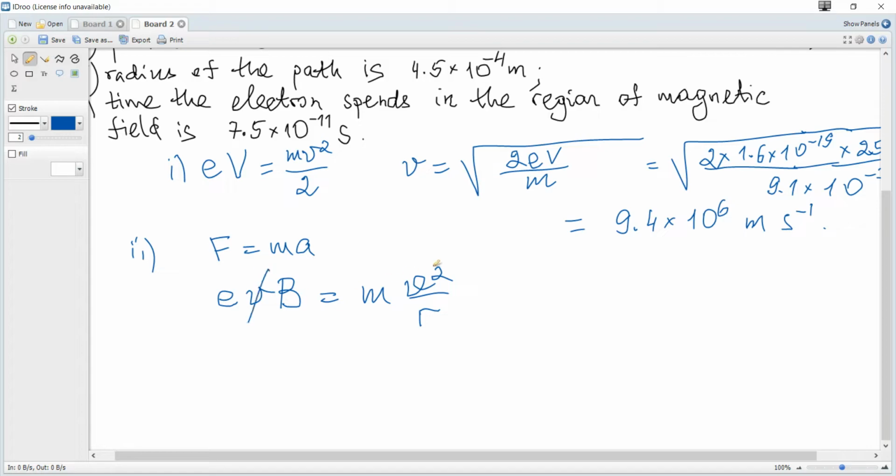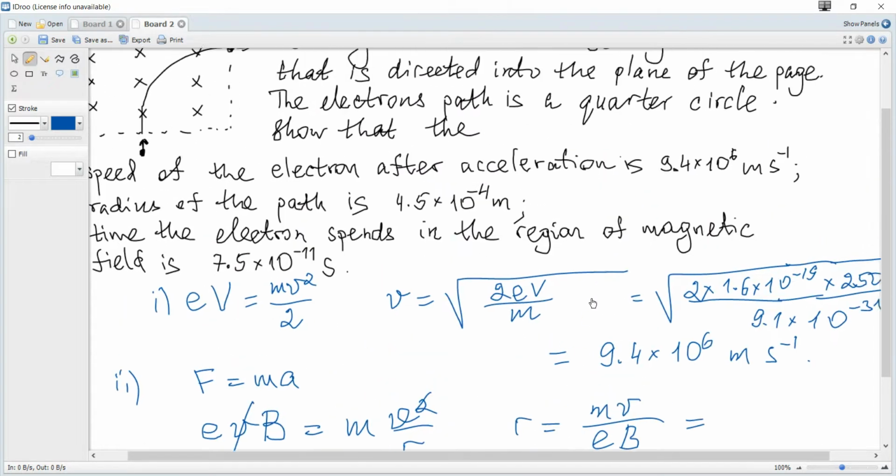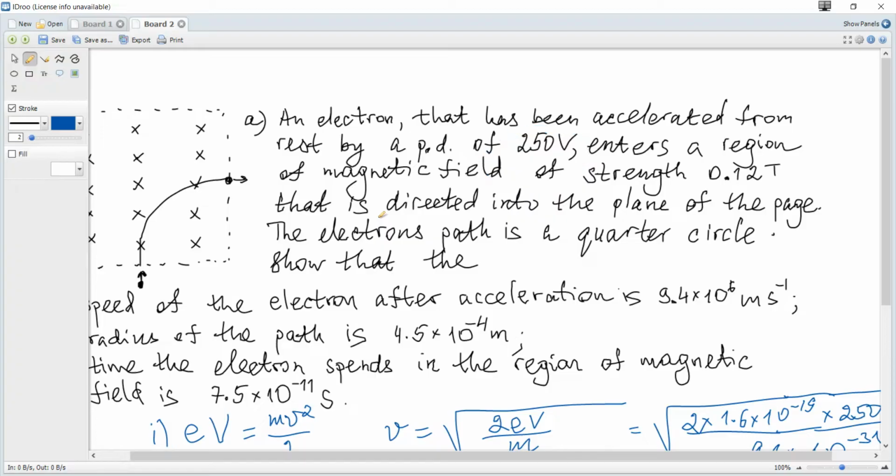We can simplify, and hence the radius is mv over eB, and it is equal to 9.1 times 10 to negative 31 times 9.4 times 10 to the power of 6, over the elementary charge 1.6 times 10 to negative 19 and 0.12, the magnetic field strength.